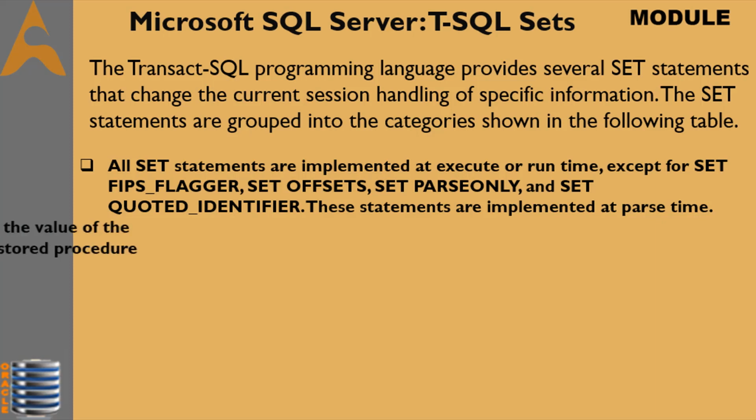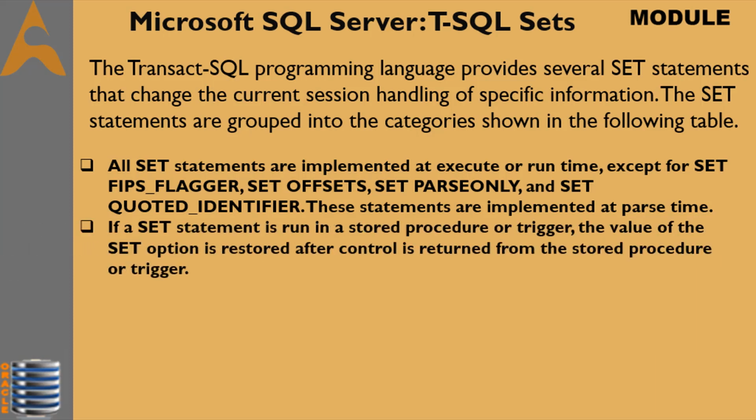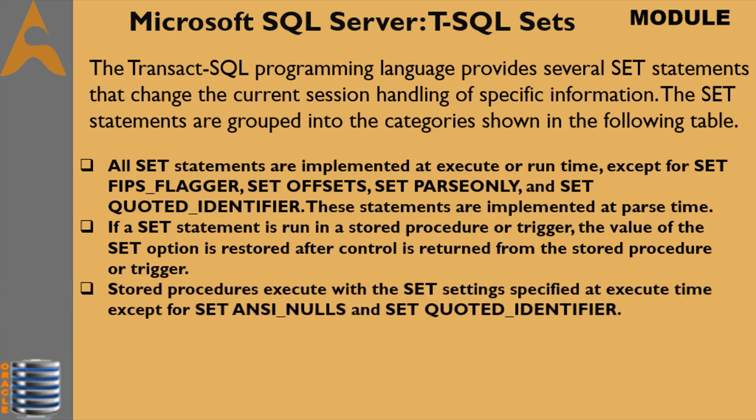Stored procedures execute with the SET settings specified at execute time except for SET ANSI_NULLS and SET QUOTED_IDENTIFIER. Stored procedures specifying SET ANSI_NULLS or SET QUOTED_IDENTIFIER use the settings specified at stored procedure creation time. If used inside a stored procedure, any SET setting is ignored.